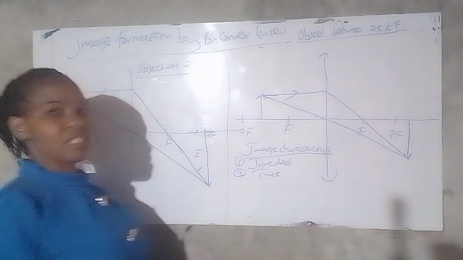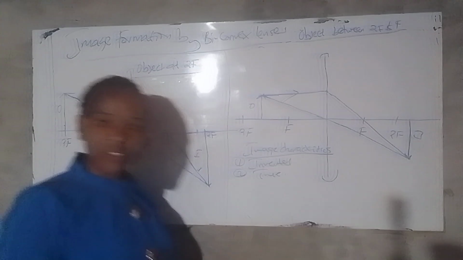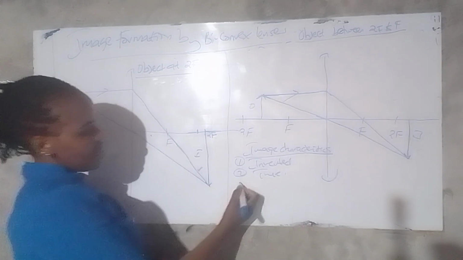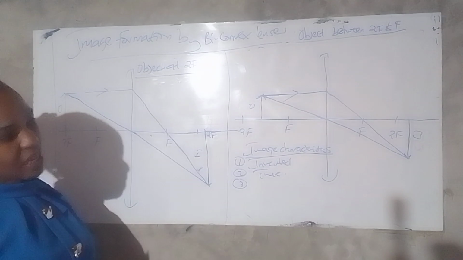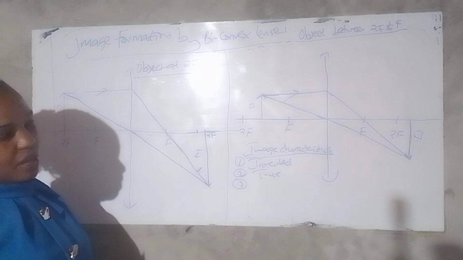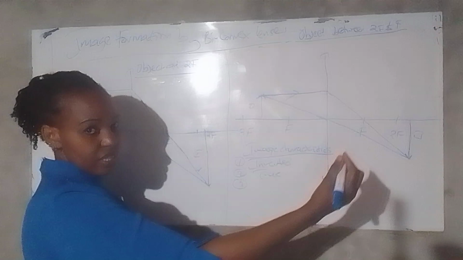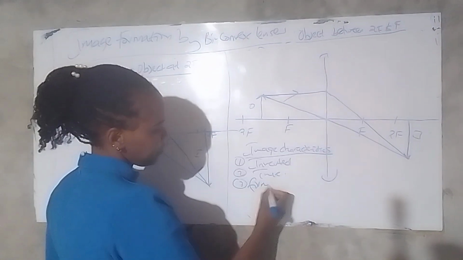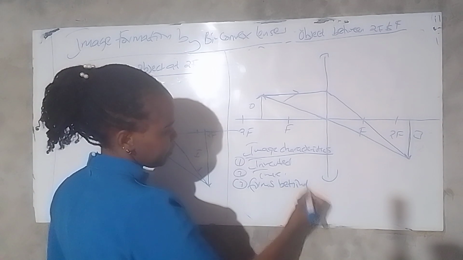The fact that the object is upright and the image is inverted means the image is a true image, meaning it can form on a screen. Number three, what can we say about the point where it forms? It forms behind the center of curvature. So forms behind 2F.